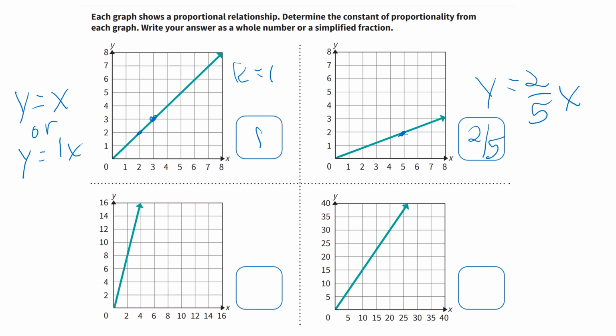The bottom two, we have 8 and 2 is where it goes through. 8 divided by 2 is 4, so our k is 4. So y equals 4x. And you can always plug in numbers to see if that is true.